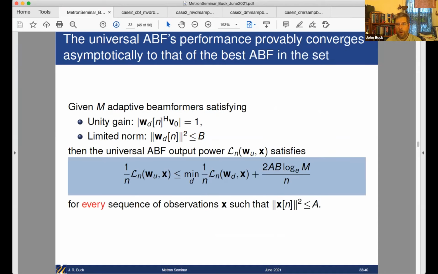So here's the payoff in performance, which is I think what the information theory perspective brings us.